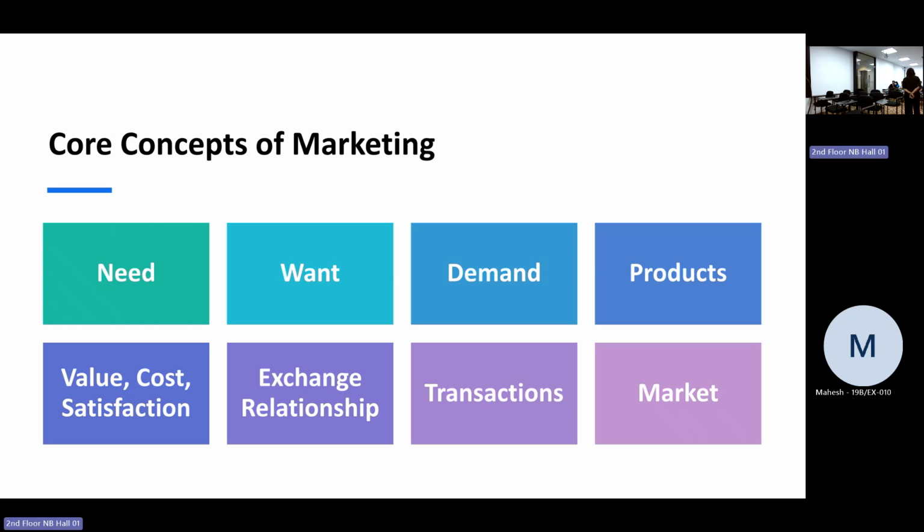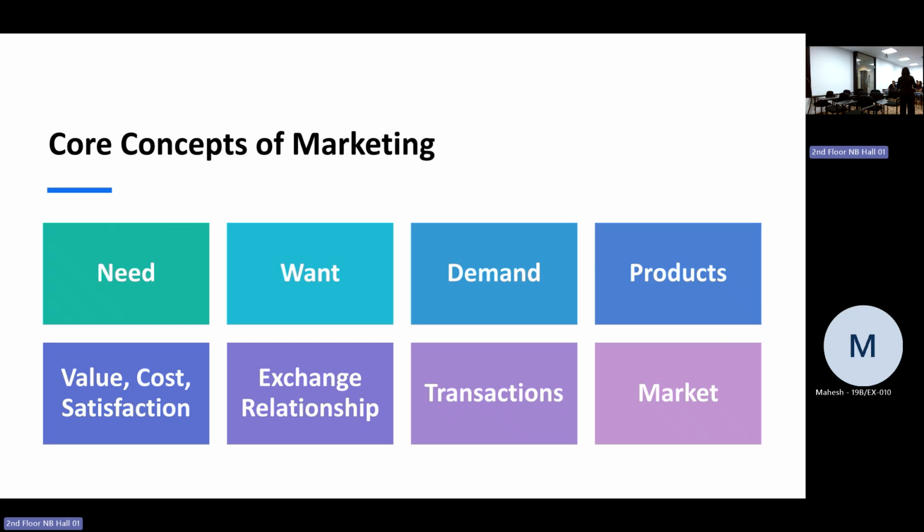Because of consumer wants, demand will be created. But whether it will be demand or not depends on two things. Can anyone remember? Having a want is one thing. That means you need to have a willingness to buy the thing. Another one is you need to have ability. That means you need to have purchasing power.